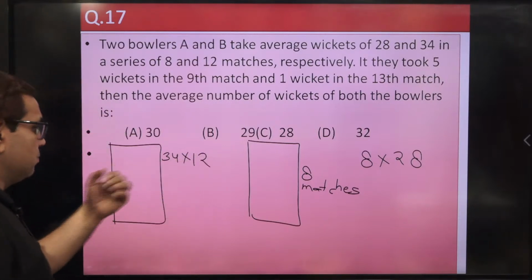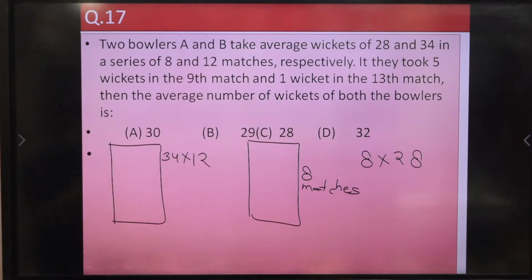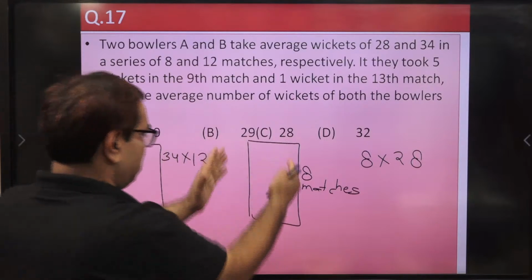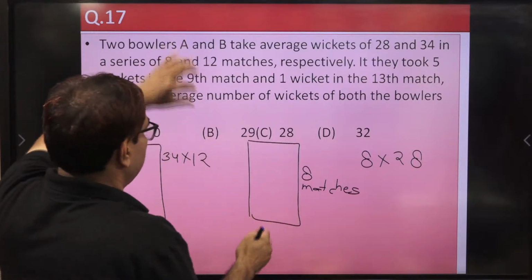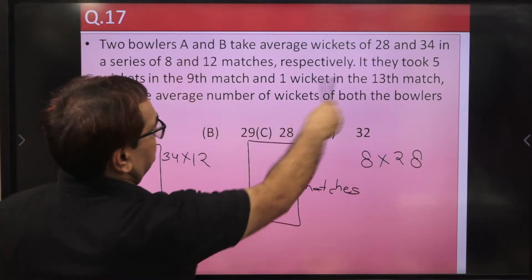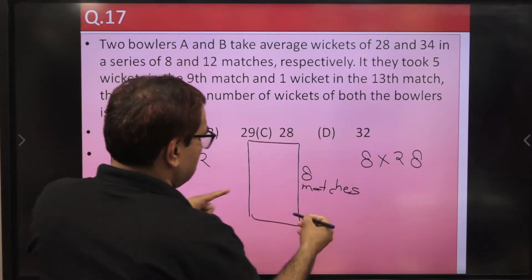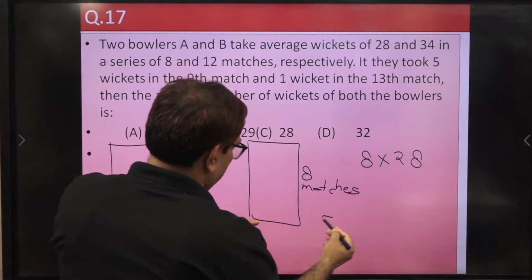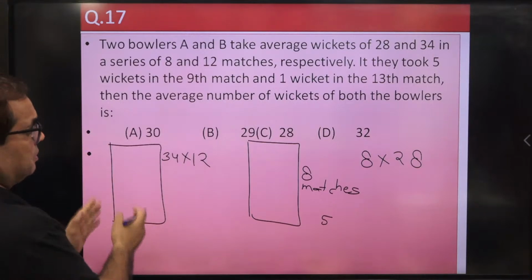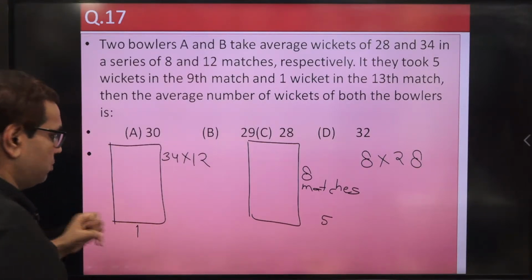Now in the ninth match, after this series, if we take this next match, they take 5 more wickets. And in the 13th match here, after this series, they took 1 wicket more.